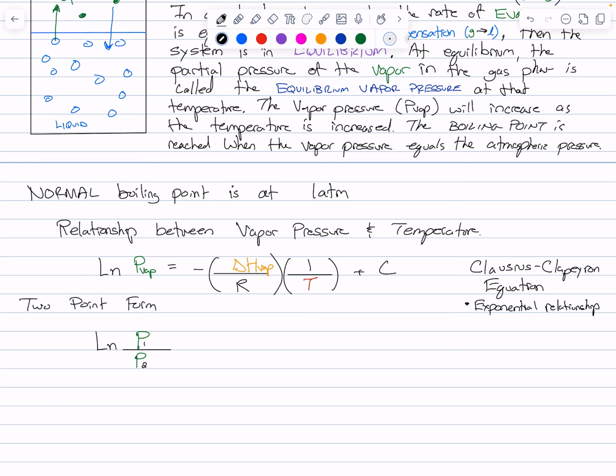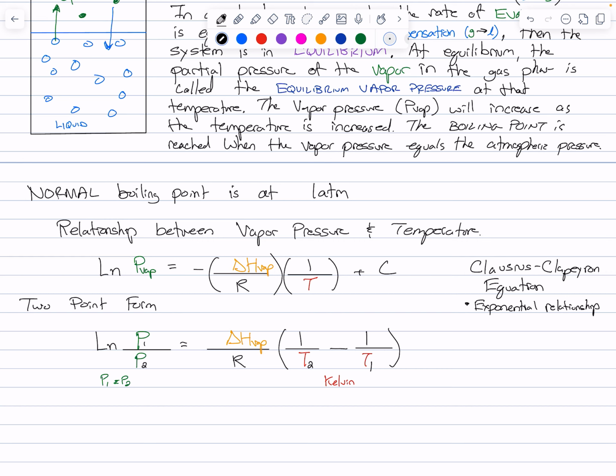It doesn't matter which one's P1 or P2. Equals delta H over R times the two temperatures, this one is T2 and that one is T1. The temperature has to be in Kelvin. The units for P can be anything, they just have to be the same units.